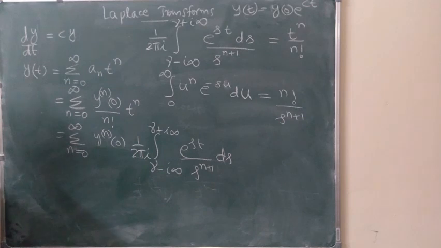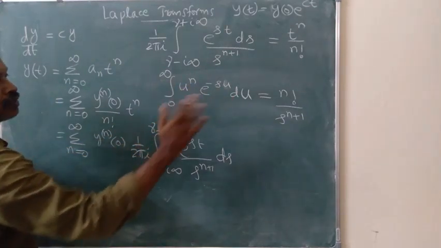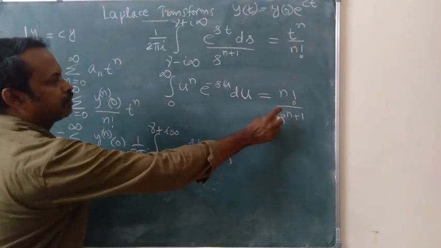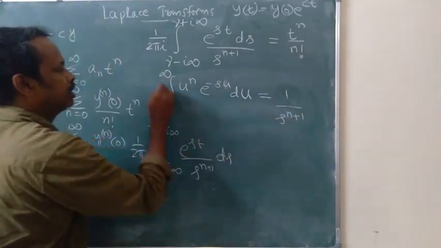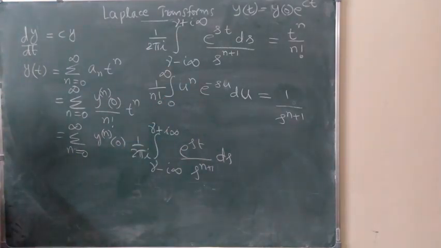Okay. For example, when n is equal to 0, we have 1 here and the answer is 1 by s. So for 1 by s to the power n plus 1, we can substitute from here as 1 by n factorial integral u raised to n e raised to minus su du. Okay, so that is what we are going to do next.